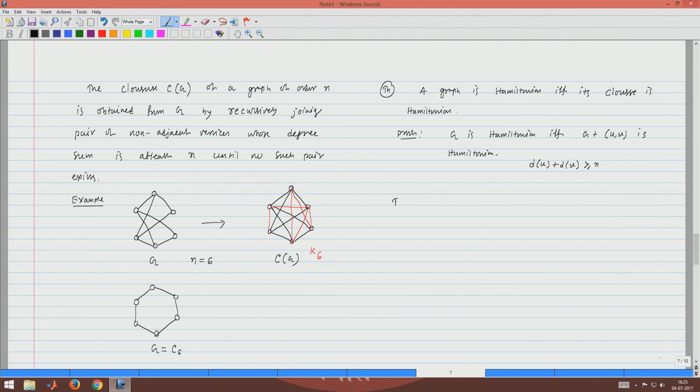Now, to establish a graph is Hamiltonian, it is sufficient if we show that its closure is complete.